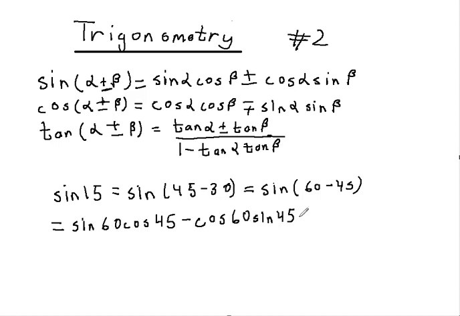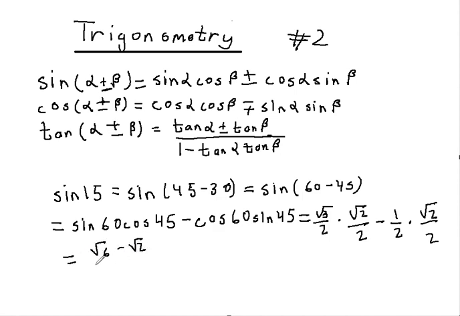We know that sine 60 is root 3 over 2 times cos 45, which is root 2 over 2, minus cos 60, which is 1/2, times sine 45, which is root 2 over 2. So we get root 6 minus root 2 all over 4. And this is the value of sine 15 using the compound angle formulas.